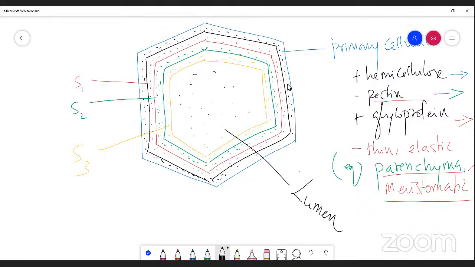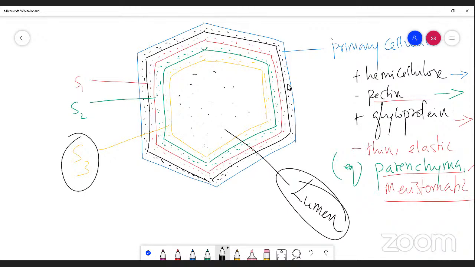The cell lumen is the matrix or cell cavity, which is filled with cytoplasm and cell organelles such as nucleus, mitochondria, Golgi apparatus, and endoplasmic reticulum. These cell organelles are scattered in the lumen and protected by the S3 layer.